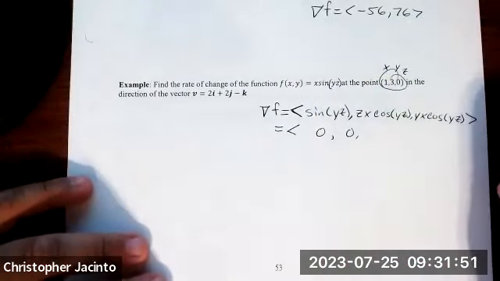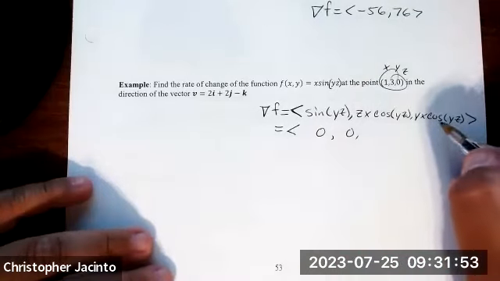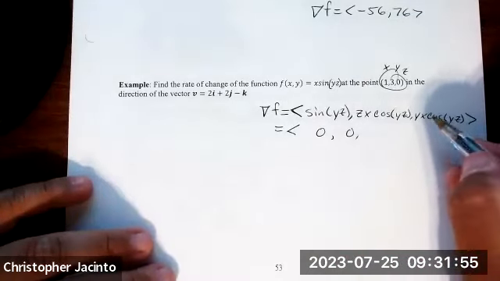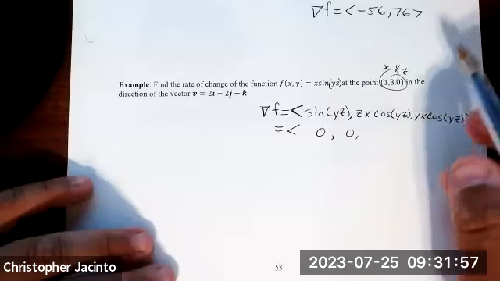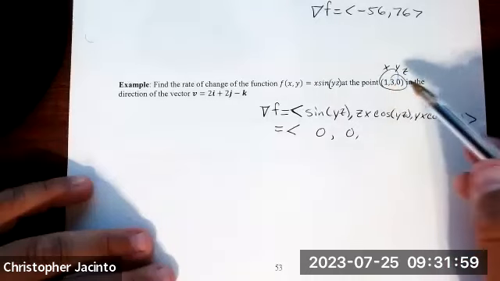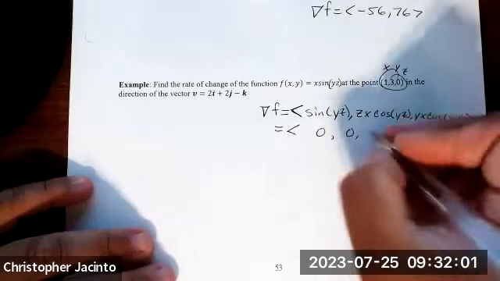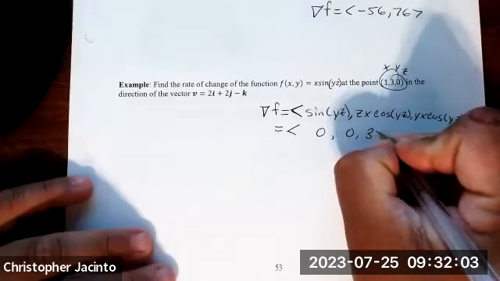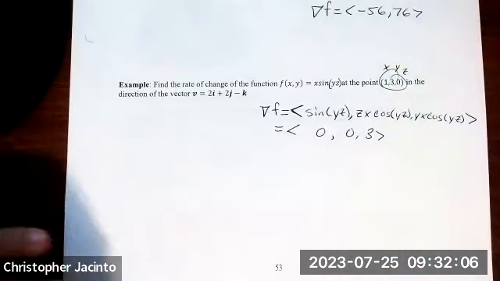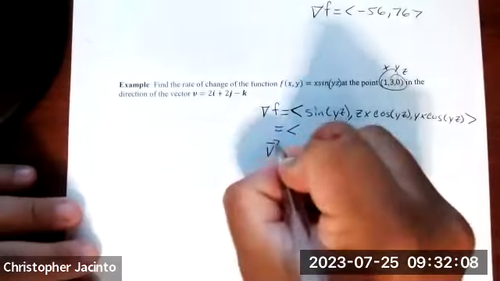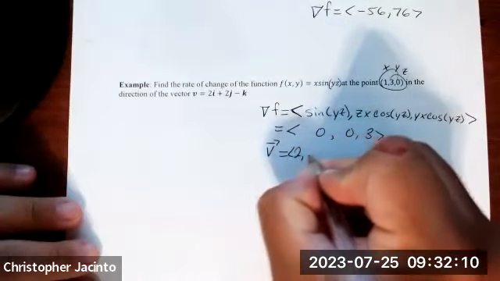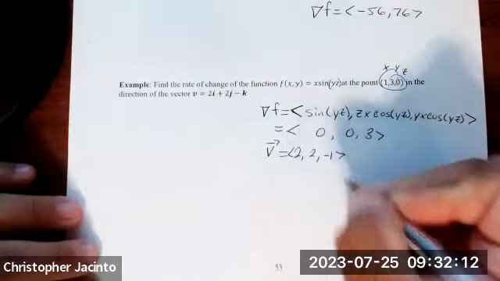Wow, okay. And so cosine of 0 is 1, and 1 times 1 is 1, and 1 times 3 is 3. So this is just the vector (0, 0, 3). Our vector is (2, 2, -1).